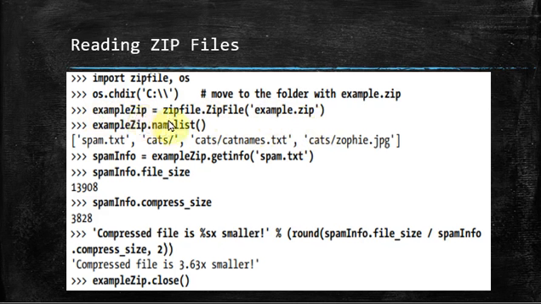A zip file object has a namelist method. You can see here the zip file object has this namelist method that returns a list of strings for all the files and subfolders contained inside the zip file. So here, the zip file object, that is example.zip, has a method called namelist.